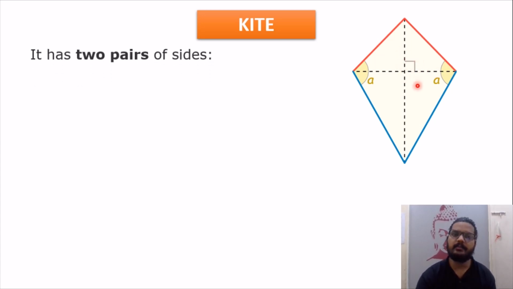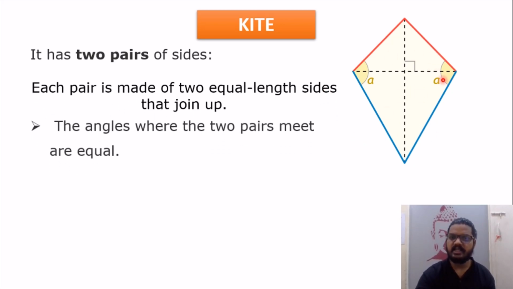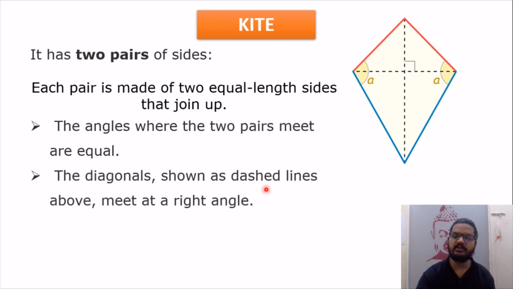So let's write their properties. Kites always have two pairs of sides, like this pair and this pair. Wherever they meet, they have equal length, and wherever they meet, they form angles which are equal to each other. If you observe the diagonals shown with the dashed line, they always meet at a right angle.